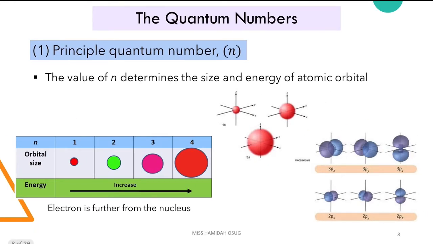Other than that, the principal quantum number also determines the size and energy of an atomic orbital.